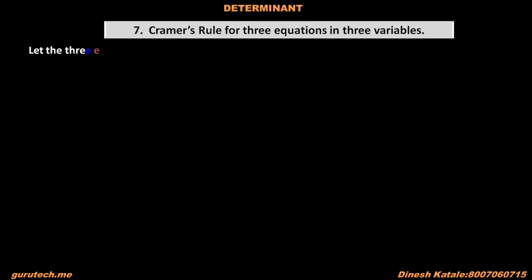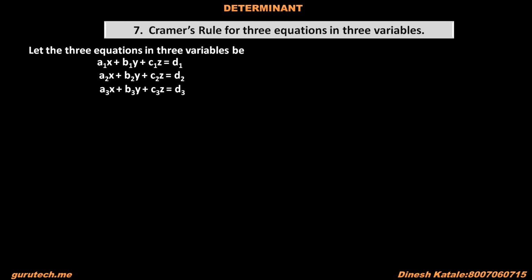Let the three equations in three variables be a1x plus b1y plus c1z is equal to d1, a2x plus b2y plus c2z is equal to d2, a3x plus b3y plus c3z is equal to d3.